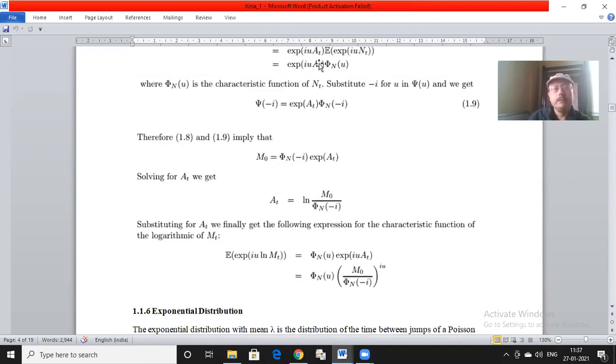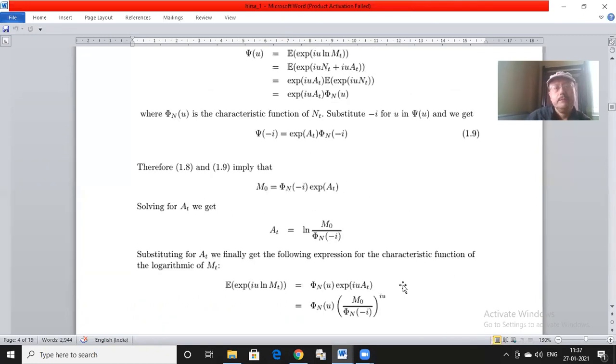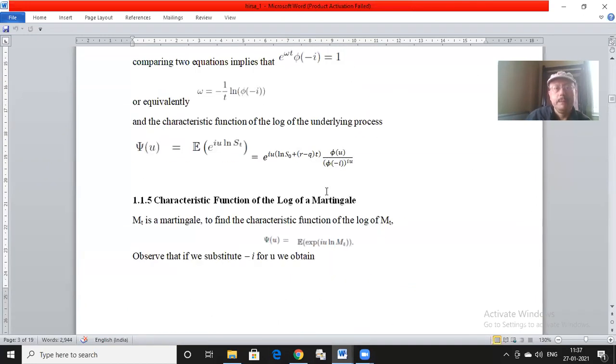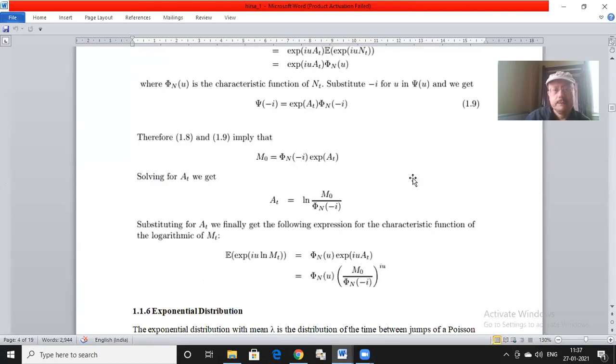And the deterministic part which came outside is given by m0 over phi n minus i to the power iu. So it is basically the same type of expression as here, with the same purpose: whenever I have some deterministic part or trend part, I want to take it outside. But to take it outside, I need to know the form, so we derive the form. So later on, when we are doing actual computation, we will know exactly what expression to estimate.